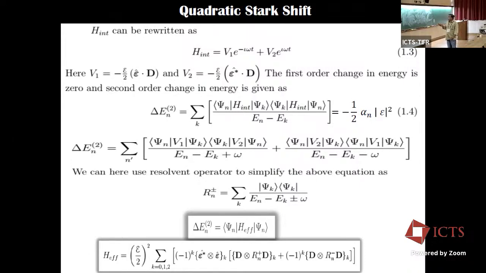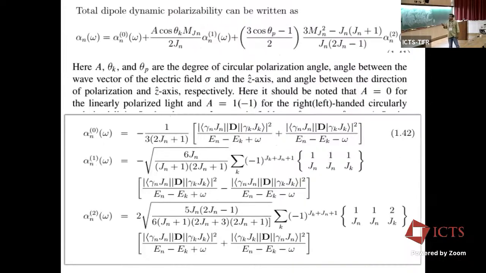Okay, so that can be expressed in terms of polarizability, which is given here. In other words, we can also express that as the expectation value of some kind of effective Hamiltonian, and that expression is given here. This polarizability we basically divide into three components: one is the scalar component, then the vector component, and then the tensor component.